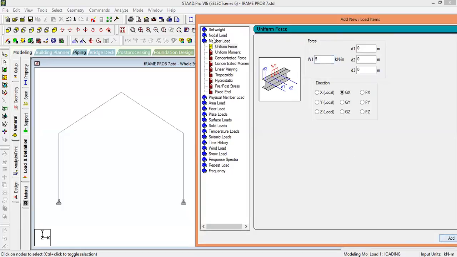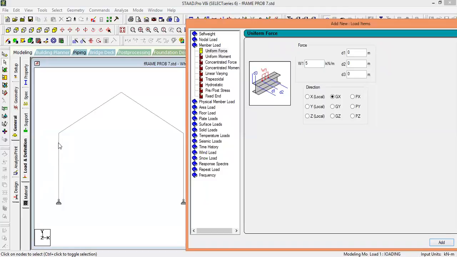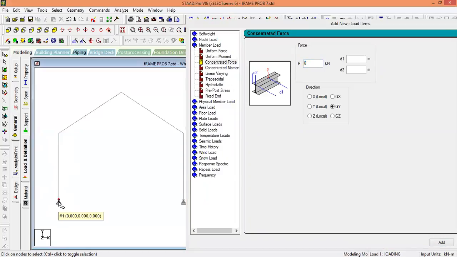Okay. Then I have here a point load which was at 3 meters and a moment there itself. Let me go to concentrated force. See, this is node number 1, and this is node number 2. So this is the starting point. From here, the load was acting at a point of 3 meters.